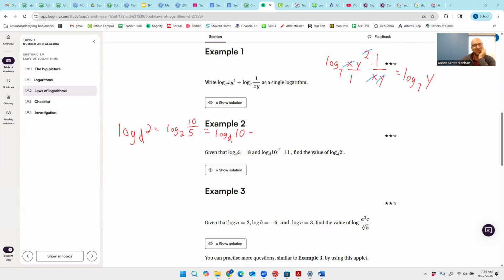So I'm looking at my insides, going, how do I get a 2? 10, that's 10 divided by 5. So it's log d of 10 minus log d of 5, using my laws of logarithms. And I'm told the first one is 11, minus 8, this is 3.